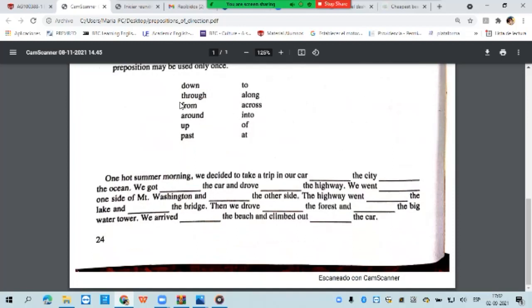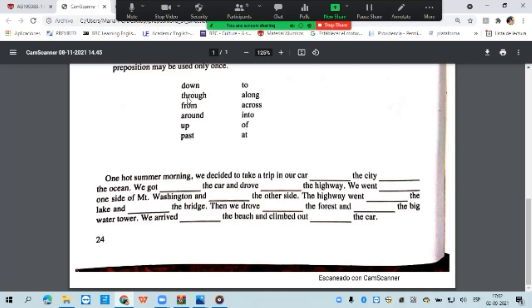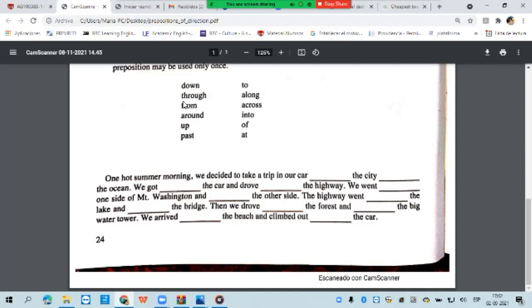Come on. Don't be shy. Martin? Here I put the highway. The highway went past the lake and through the bridge.